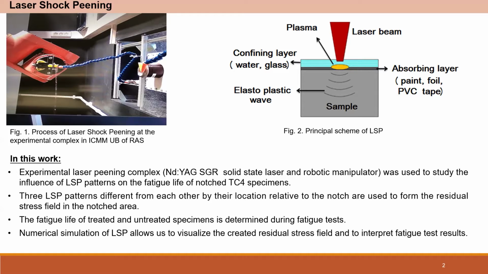This is a picture of the installation that is located at our university in our laboratory that we use for treatment, and it has a wavelength of 1064 nanometers, and the frequency of pulses is 5 Hz.